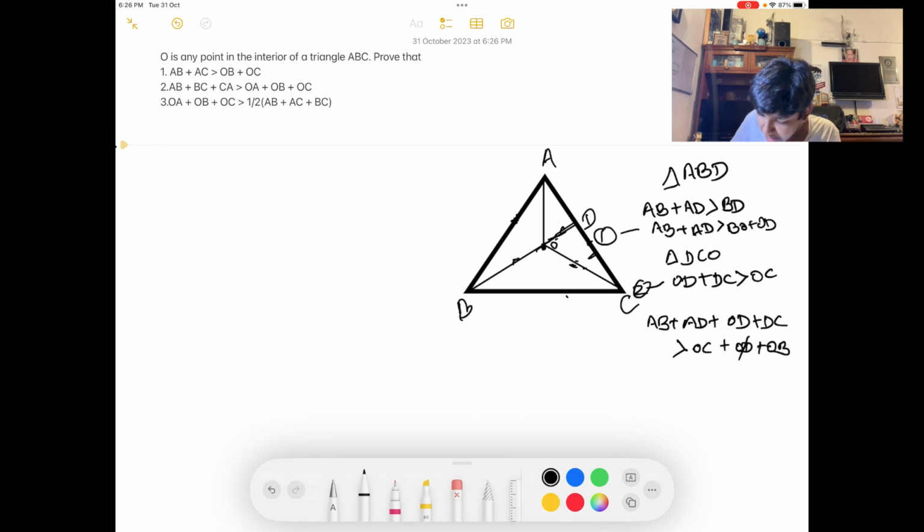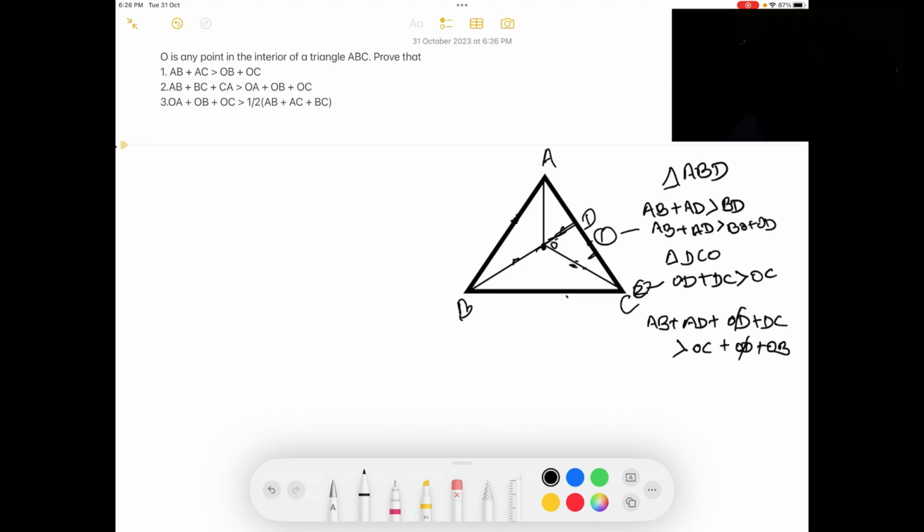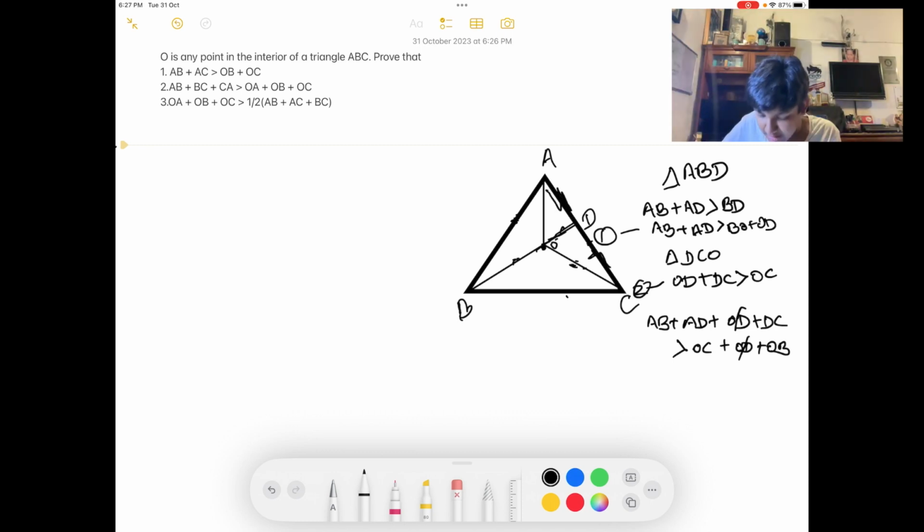And from this we can see that OD and OD cancel, and AD plus DC is essentially just AC. So we can say AB plus AC is greater than OC plus OB, and the first part is proved.